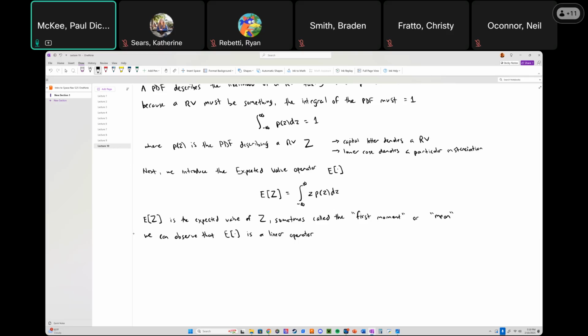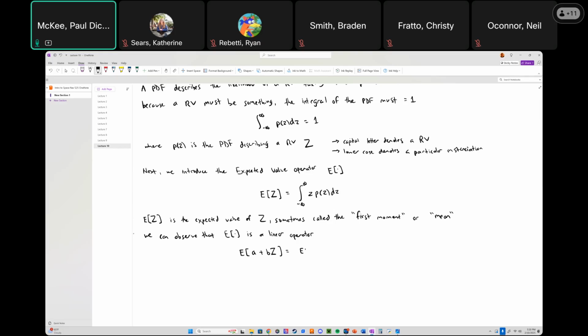Now, if I remember the fancy terms, I think it's superposition and homogeneity are the actual terms, but this is how I have it memorized. The expected value of some scalar A plus some scalar B times a random variable Z is, sorry, too fast. You could split it up.